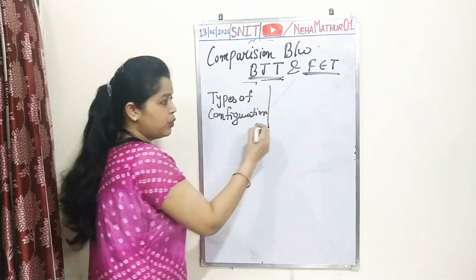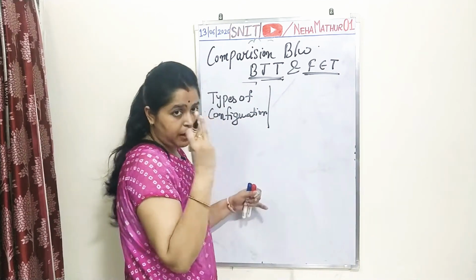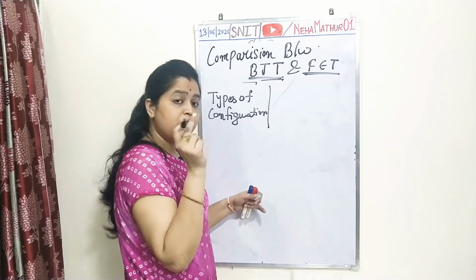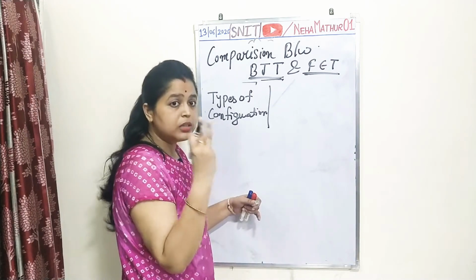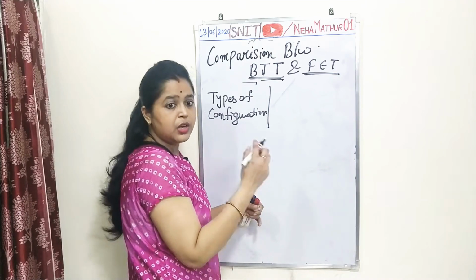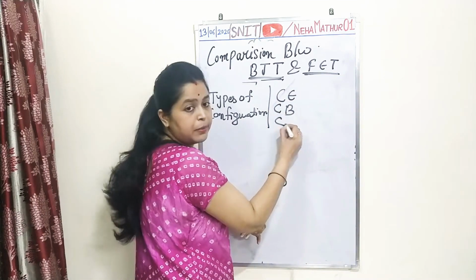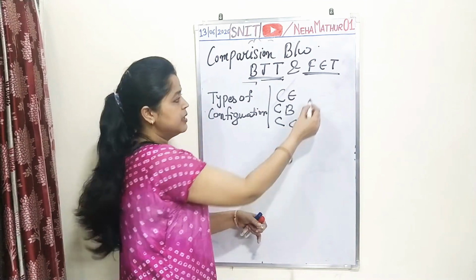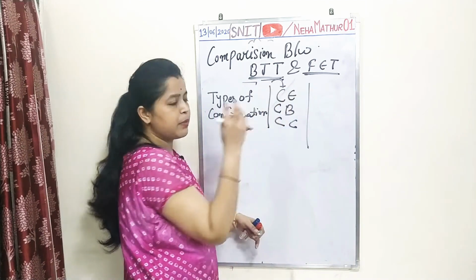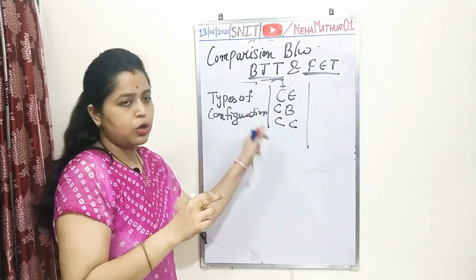In BJT, since BJT has 3 terminals, emitter, base and collector, we already discussed all the 3 types of configuration, which were common emitter, common base and common collector.